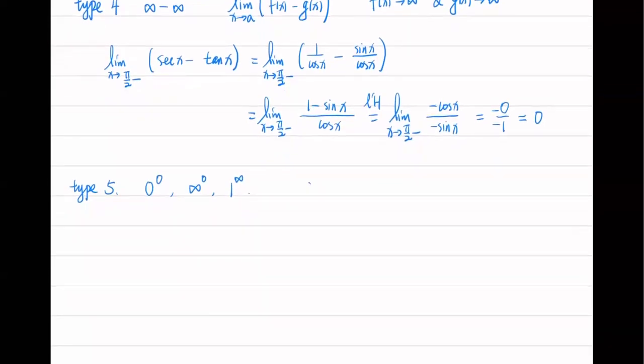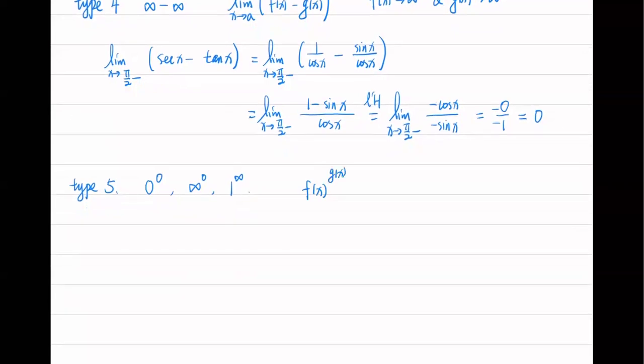We will find the limit of the form of powers. It's possible when both go to 0. We have the type where f goes to infinity and g goes to 0, or f goes to 1 and g goes to infinity.